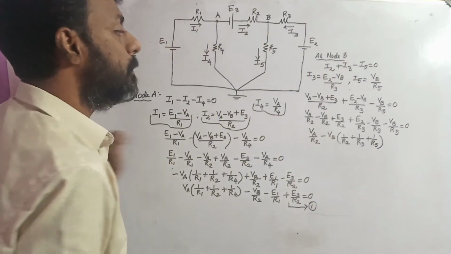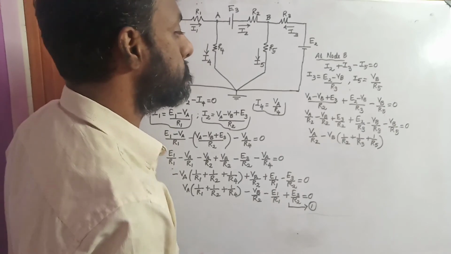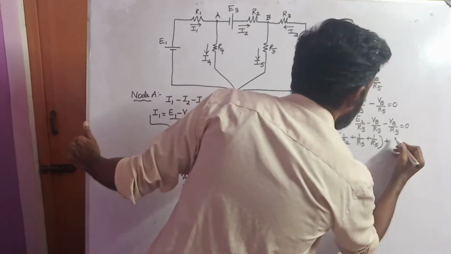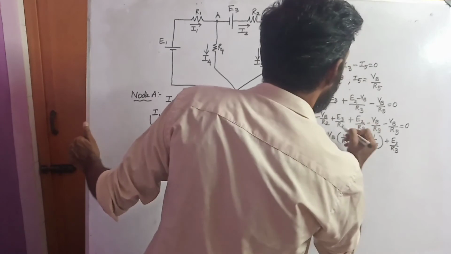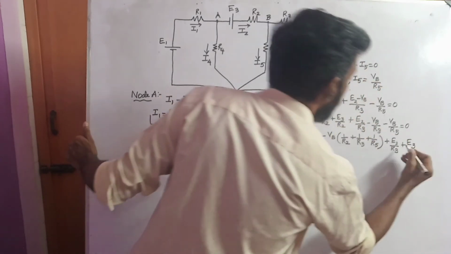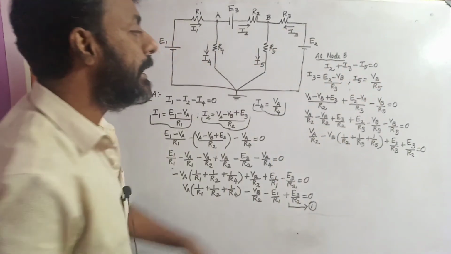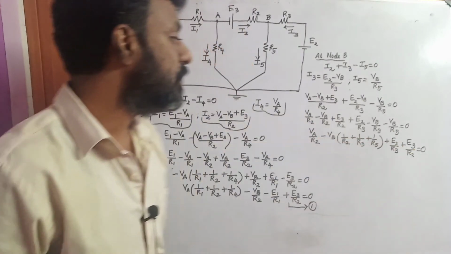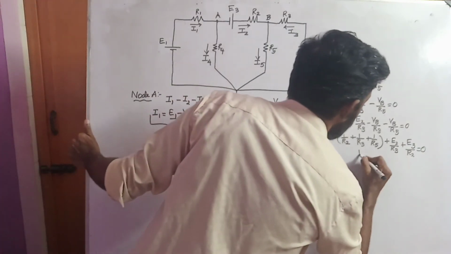This is the value of VB. So the next is plus E2 divided by R3 plus E3 divided by R2 equal to 0. So this is equation number 2.